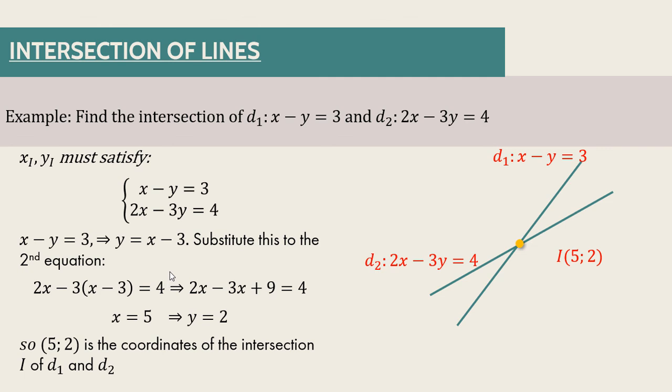So (5, 2) are the coordinates of the intersection I of D1 and D2. That's how we can find the coordinates of the intersection of two lines when we are given the equations of both lines.